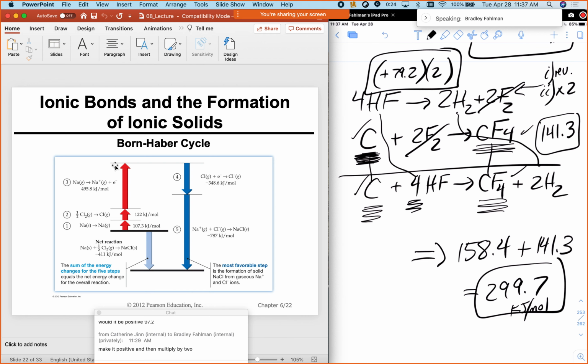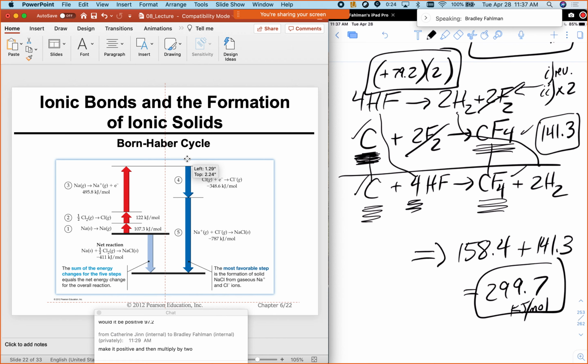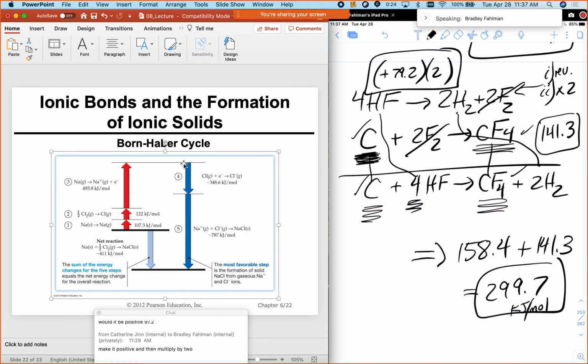At this point you've got sodium plus and Cl. Then you're adding an electron, so the electron affinity of chlorine. These steps release energy. So you have all the ones that require energy and then those that release.